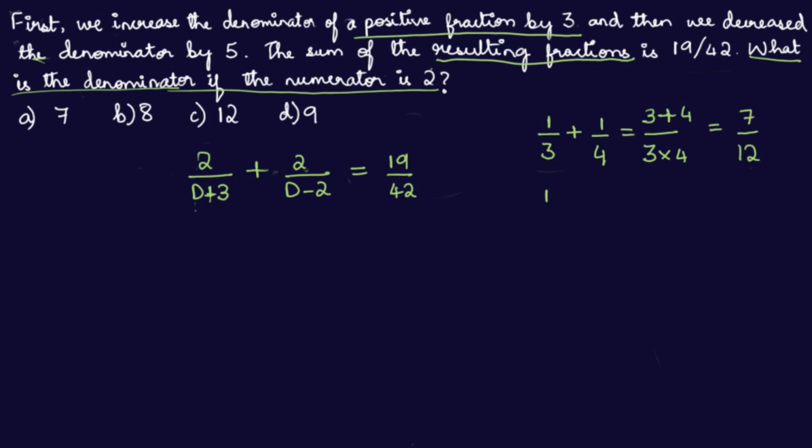All right. And then let us say I have two other fractions, 1 by 4 plus 1 by 6. We do it the same way so that it's convenient. We take 4 times 6. This will be 4 plus 6. Now this will be 10 by 24, or 5 by 12. This is the reduced version, 5 by 12, right?